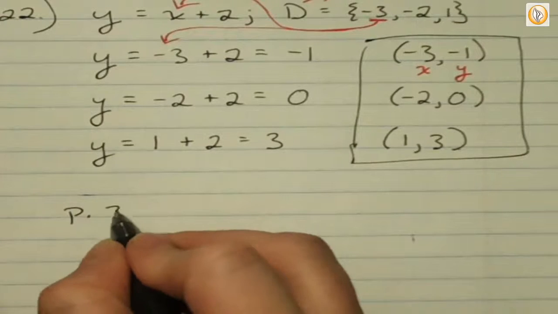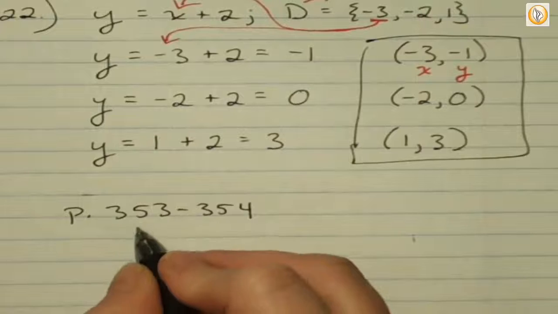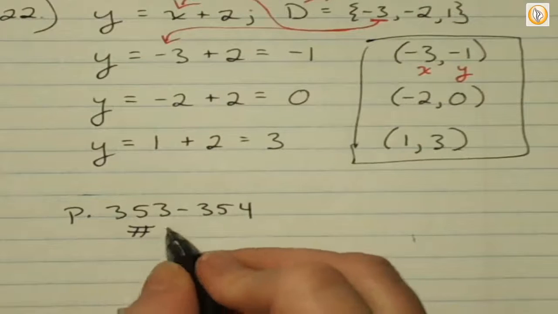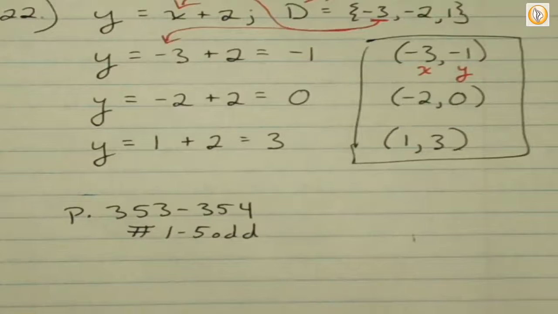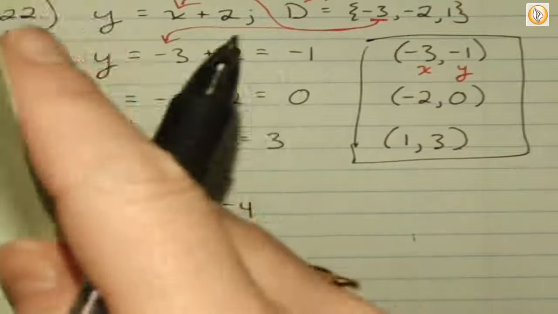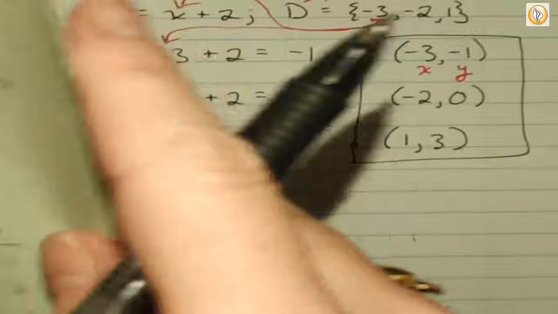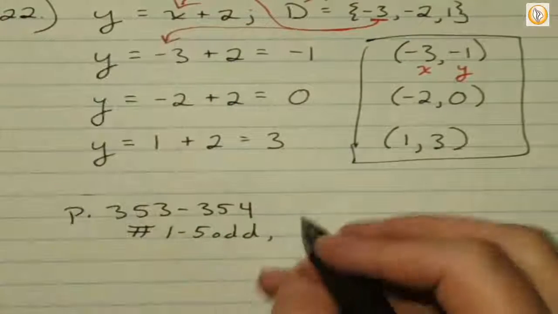You will do page 353 to 354. Numbers 1 through 5 odd. Skip that middle part, because that's just ugly.